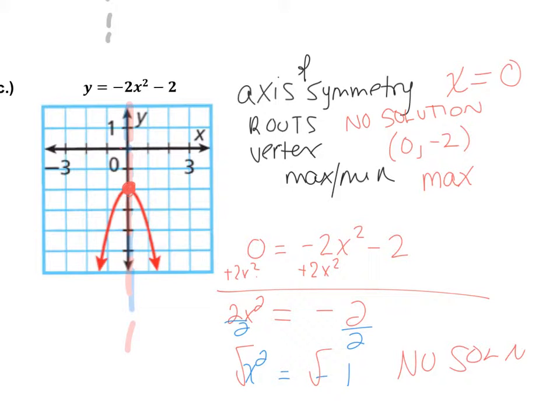So last unit, we learned how to solve by doing this, and you got no solution. What this meant graphically is that when you graph this equation on the coordinate system, you are not going to cross the x-axis. That's why you got no solution. So when you're given a graph, if you do not cross the x-axis, it means there's no solution. And mathematically, that's what it's telling you right there.